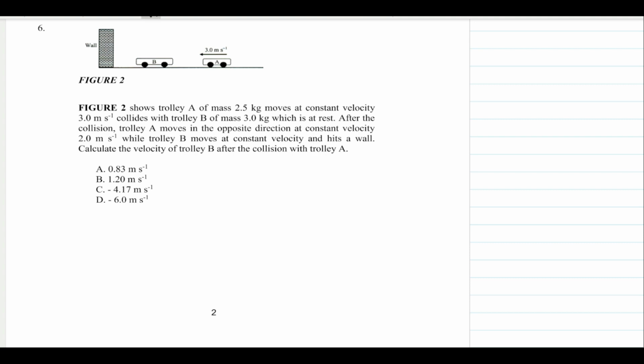So we have MA, where the mass is 2.5 kg, and MB is 3.0, MB is 3 kg, betul lah. And kita ada UA is negative sebab direction dia to the left ni. Okay. So negative 3 meter per second. And UB initially at rest.